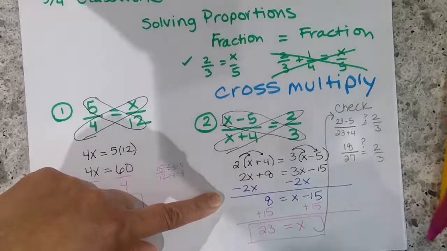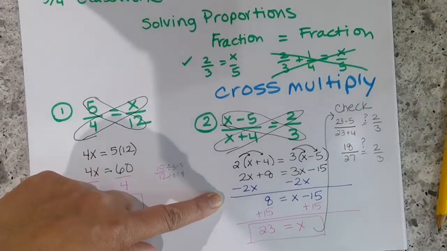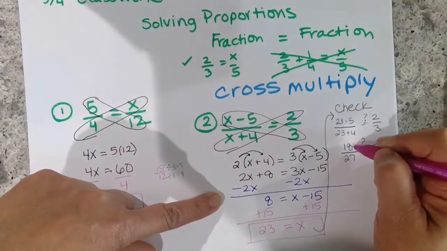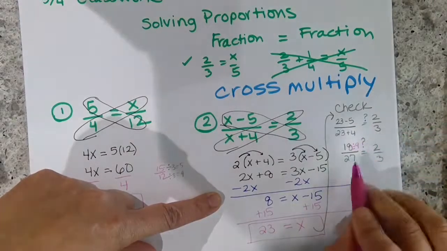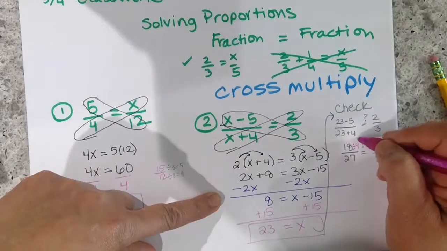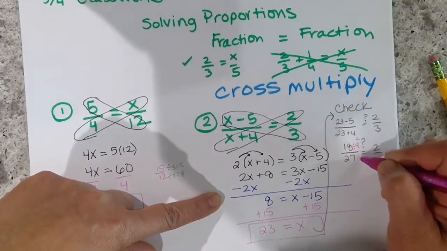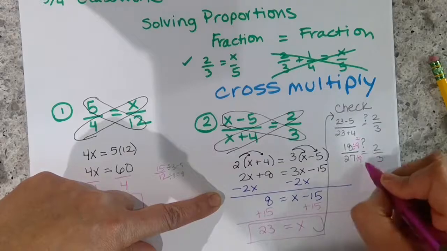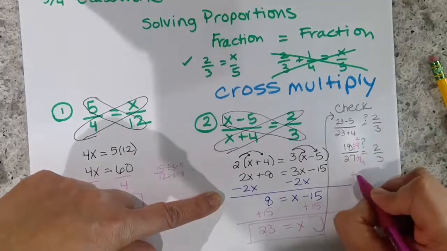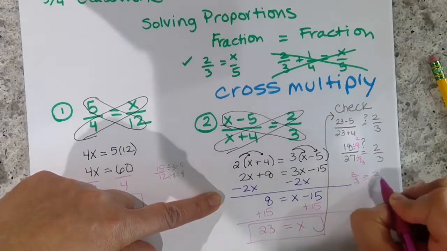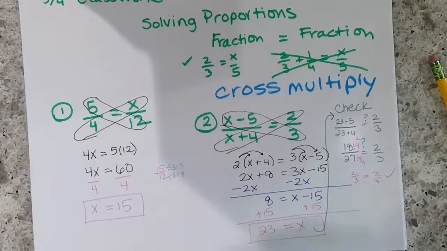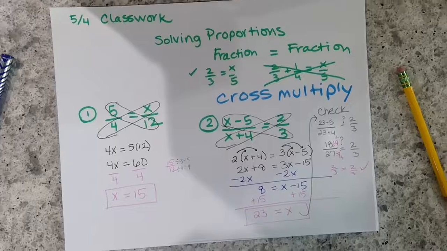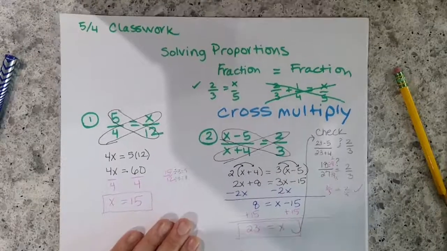So what number goes into 18 and 27? 9 goes into 18 twice. 9 goes into 27 3 times. So 2/3 does equal 2/3, and it checks, so we know we did that correctly. Okay. That's it.